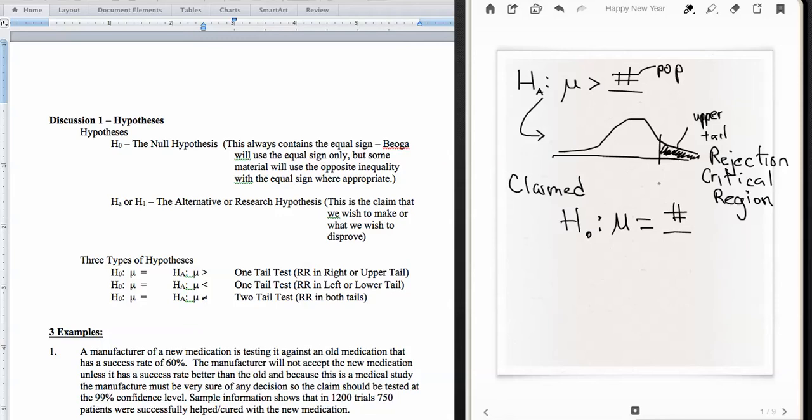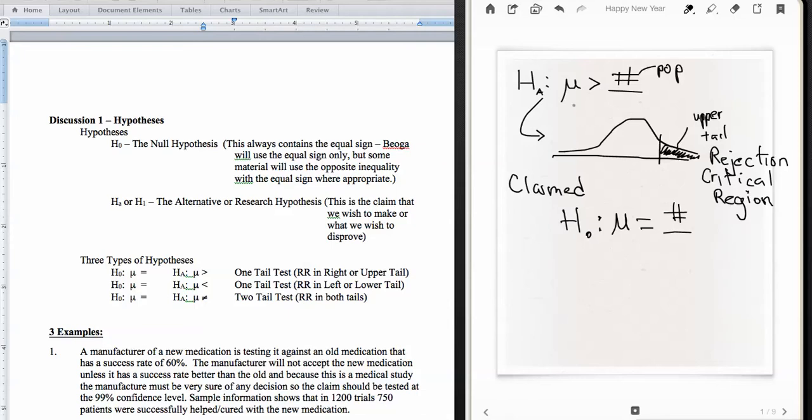It's saying, okay, I have this value for the sample, and I'm holding it up against this null hypothesis distribution. Where does it lie with respect to other values from that distribution? And if it's in what we've set up as being the unusual region, then it's not likely that it belongs to this null hypothesis distribution, and so we'll reject this distribution in favor of our claimed distribution.